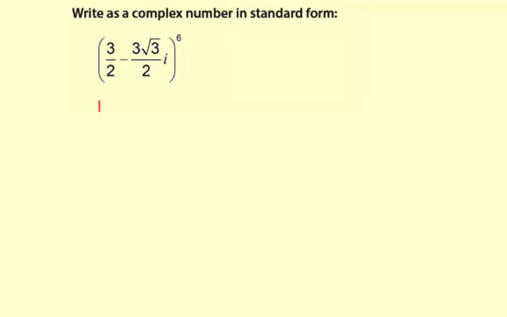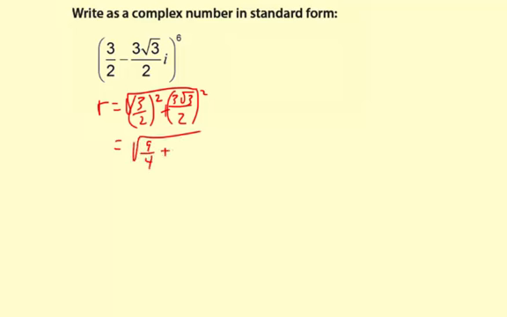So first I'm going to find the modulus r, which is the square root of (3/2) squared plus (3 square roots of 3 over 2) squared. That equals the square root of 9/4 plus, let's see, 3 squared is 9, and then times another 3, which is 27, over 2 times 2, which is 4.